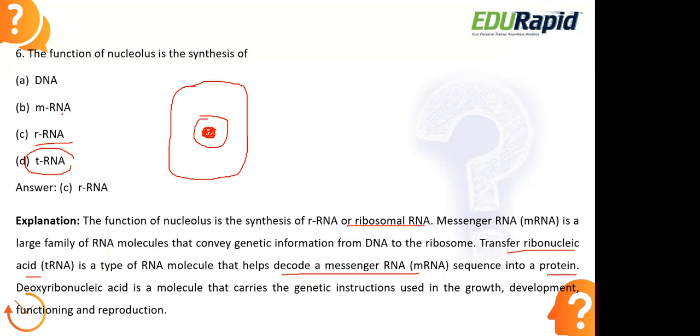Then the last option, that is DNA, deoxyribonucleic acid. It is a molecule that carries the genetic material, which provides us the information regarding growth, development, functioning, and also reproduction in an individual. Okay, moving to the next question now.